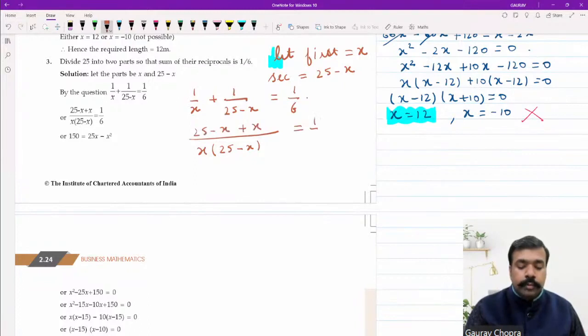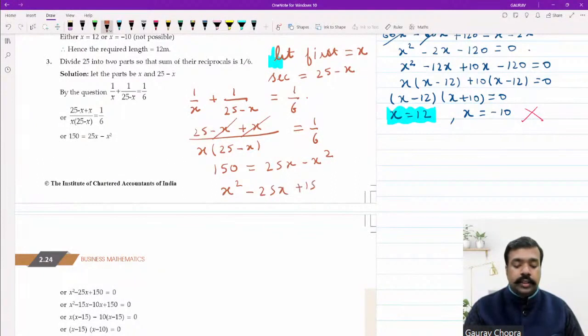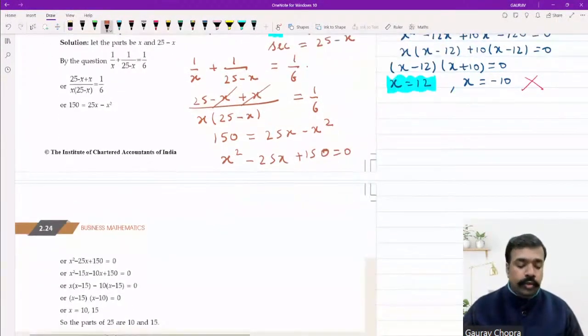So it will become this. Let's do the cross multiplication. So 150 is equal to 25x minus x square. So this becomes the equation. Now we can simplify them and get the value of x.